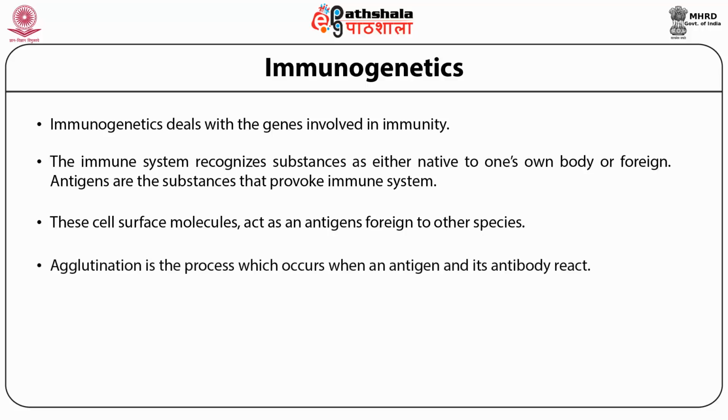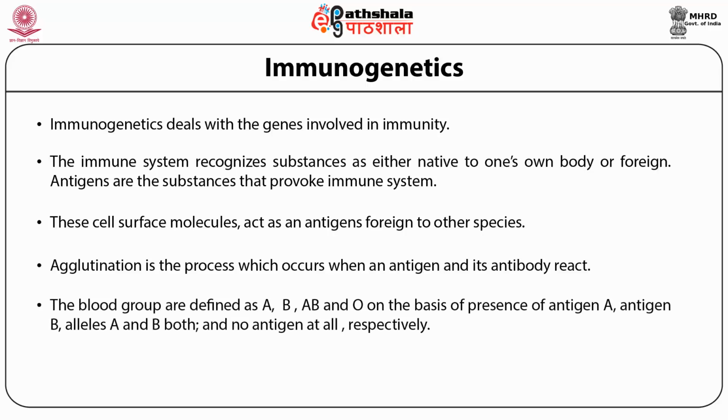Agglutination is the process which occurs when an antigen and antibody react. The blood groups are defined as an example of this antigen-antibody system. The blood groups are categorized as A, B, AB, and O on the basis of the presence of antigen A, antigen B, or both, or no antigen at all on the RBC surfaces.